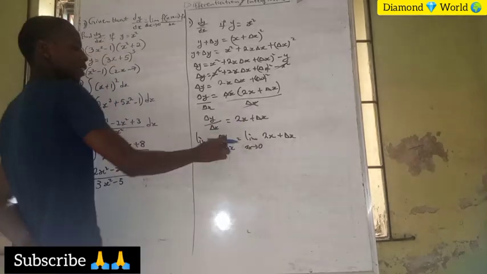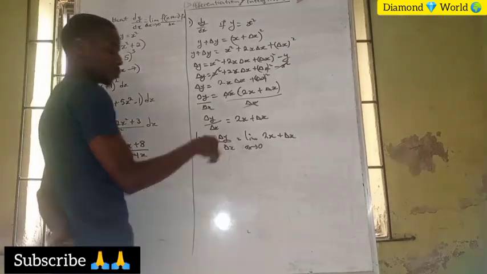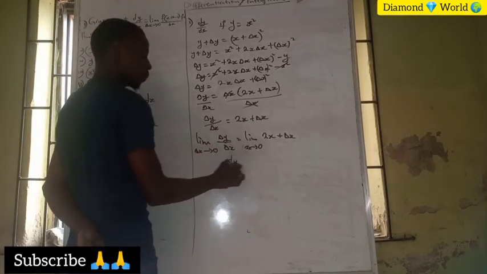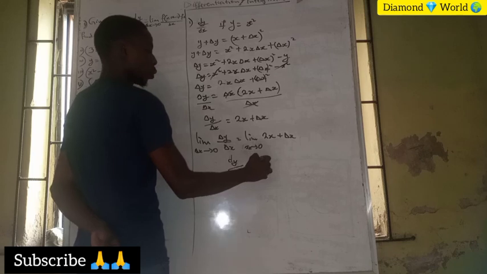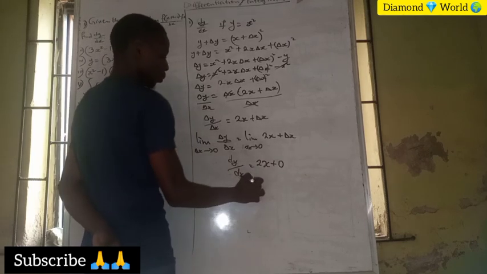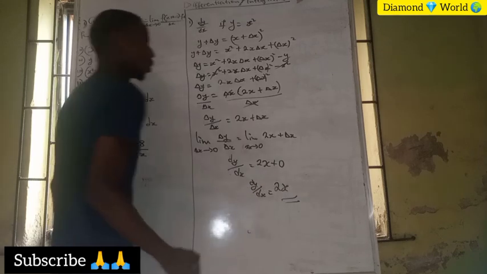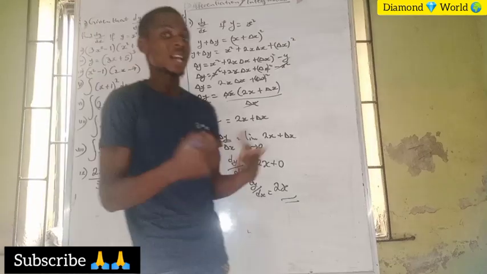Now, if you write 0 over here, the change in x term gives us 0, so it becomes dy/dx equals 2x plus 0. dy/dx is equal to 2x. Can you see? Very fast and easy.